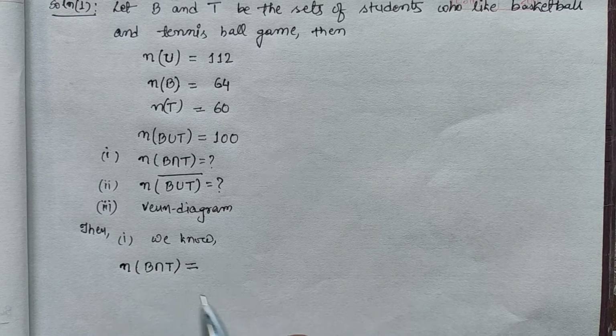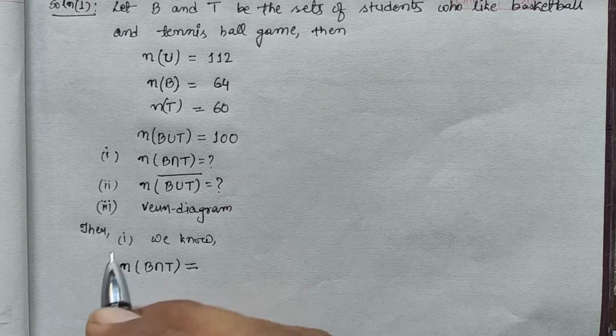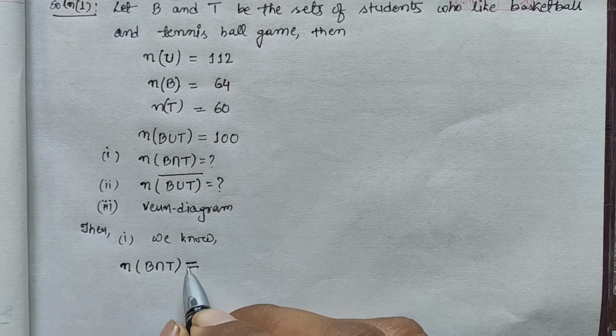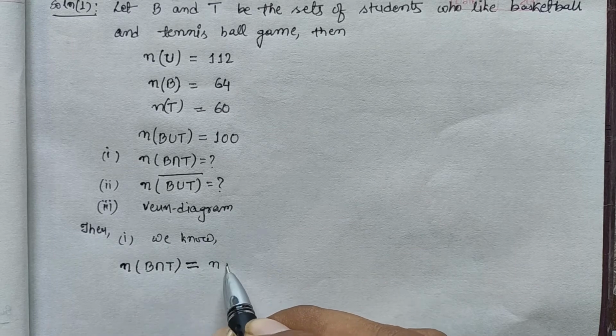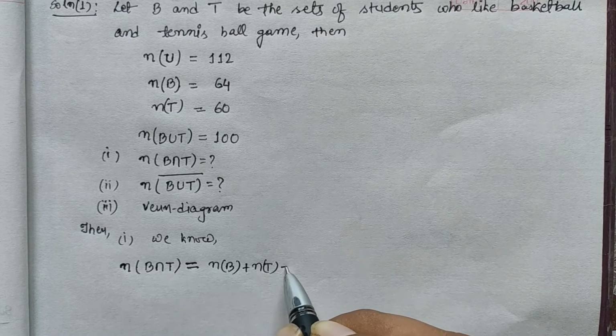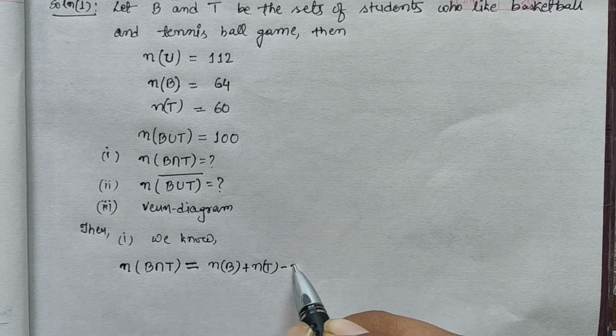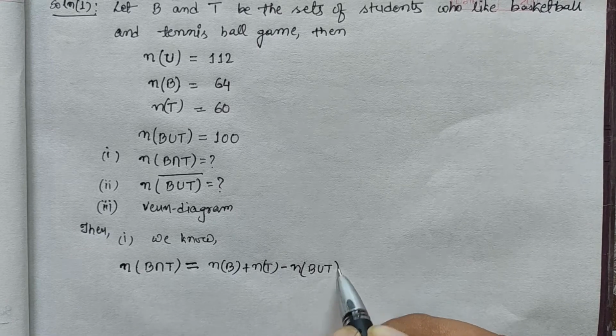Before solving any of these questions, you have to see my previous video on what the formulas related to these are. Please learn all the formulas before solving the questions. So in the case of intersection, we will write n(B) plus n(T) minus n(B union T).